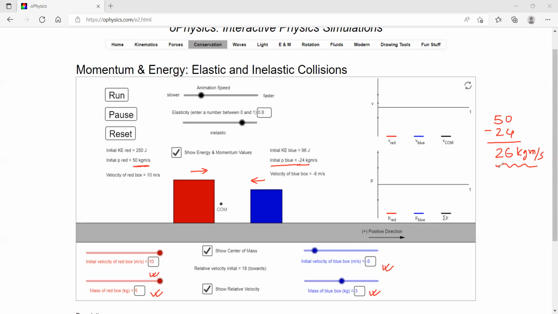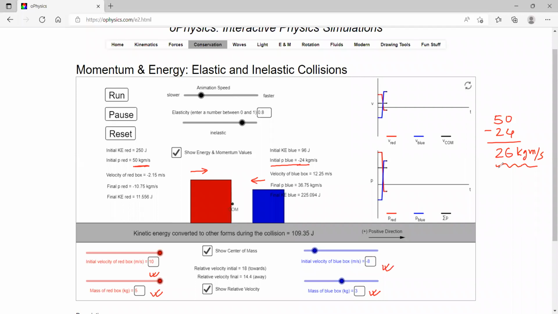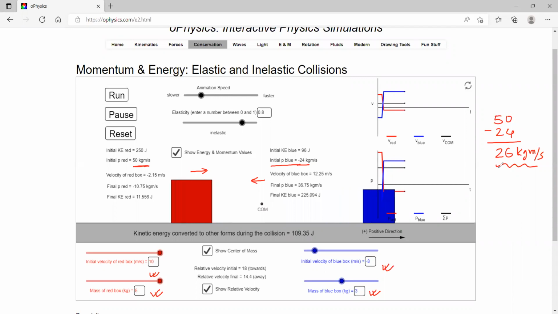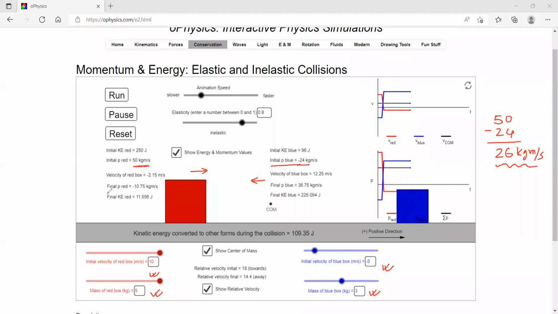Let me click on run and see what happens. You see that after the collision, the blue is going to the right and red is going to the left. The simulation already gives us the momenta after the collision.